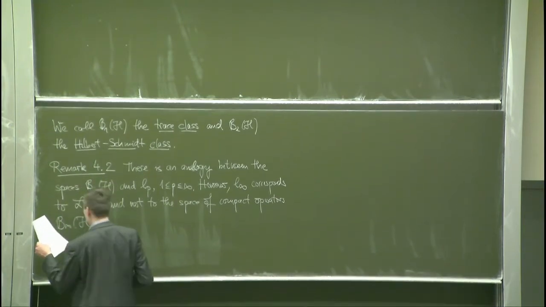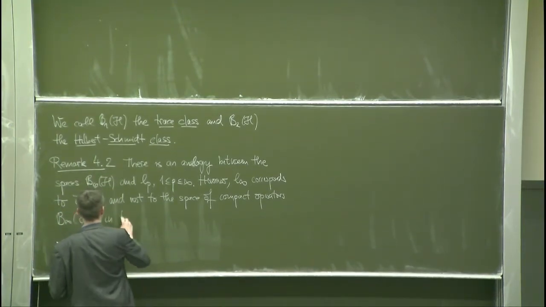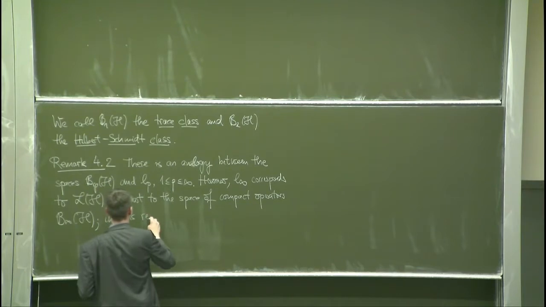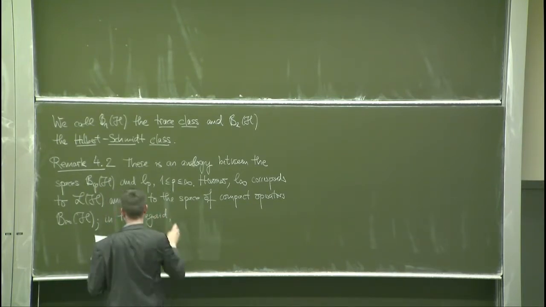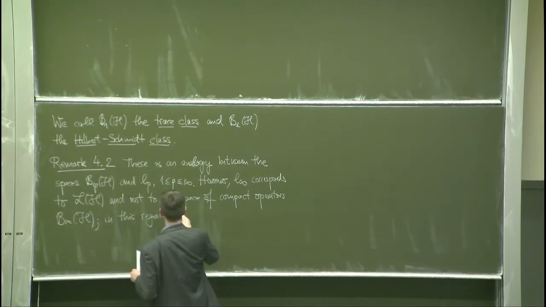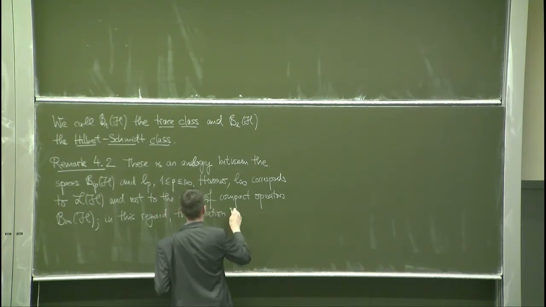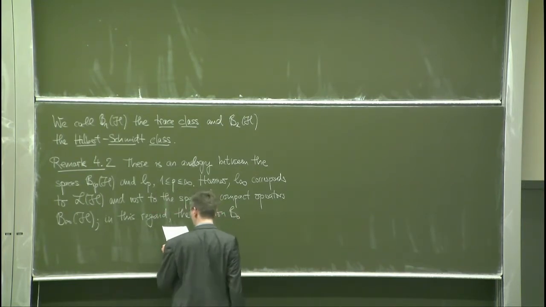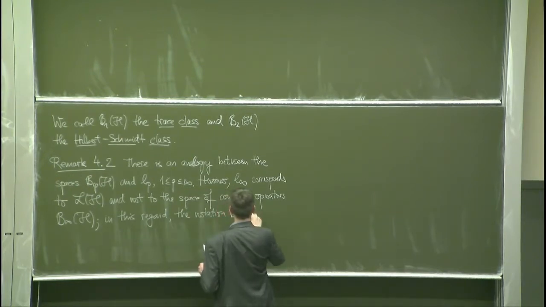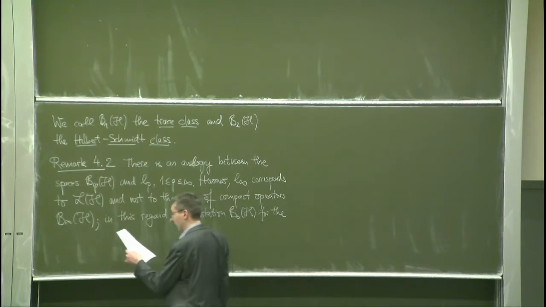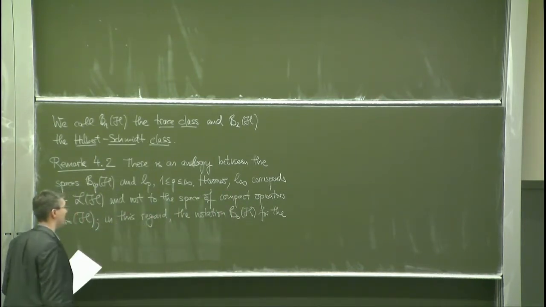In this regard, the notation B0 of H for the class of compact operators would be more appropriate.